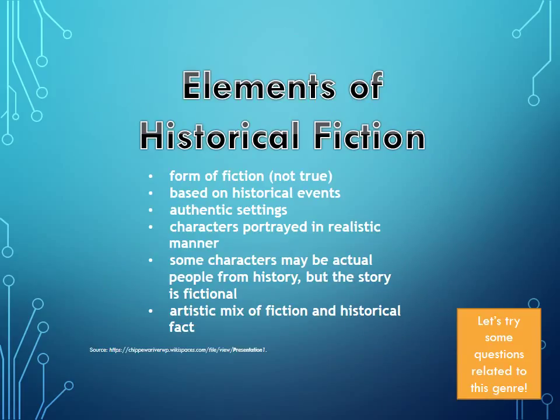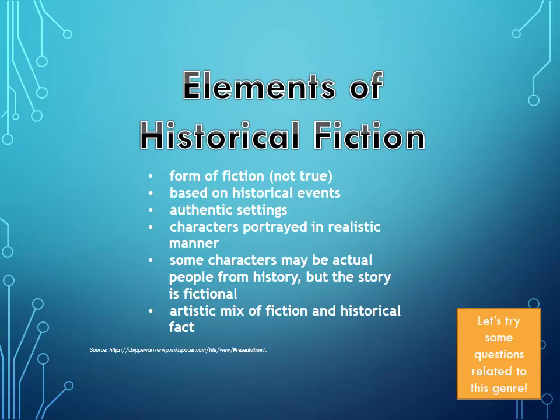So continuing on our discussion of the elements of historical fiction, it is a form of fiction, as we said. It's based on historical events with authentic settings. The characters are portrayed in a realistic manner. Some characters may be actual people from history, but the story is fictional, and there's an artistic mix of fiction and historical fact in there. That's really all there is to it.